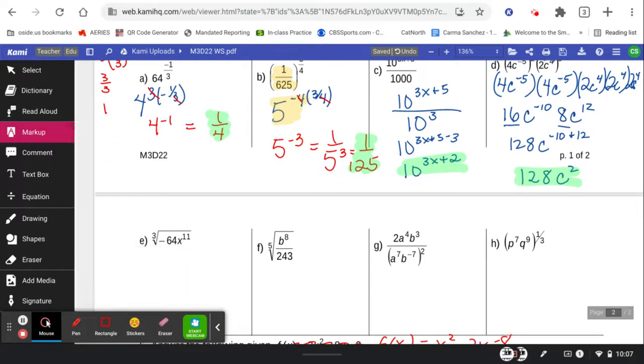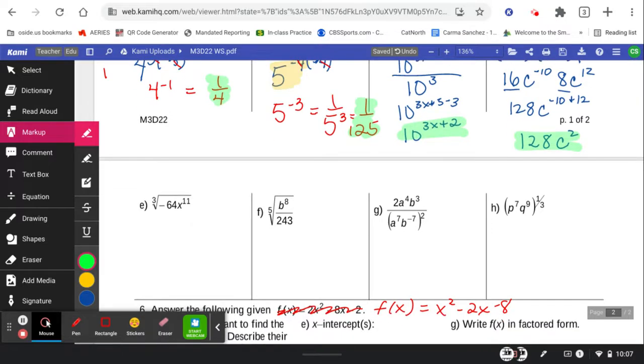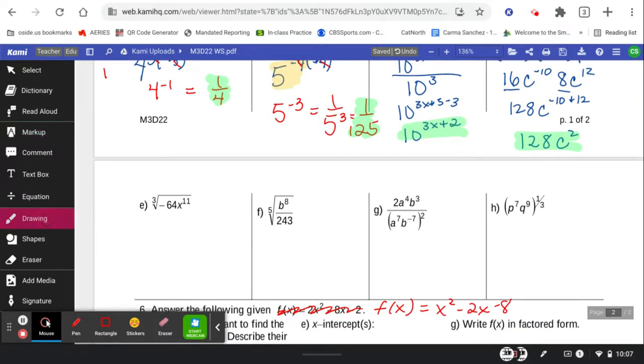All right, those were Tehani's way, A, B, and C. Now let's look at Tia's way. I'm doing cubed root, so I'm looking for groups of 3. So what times what times what equals 64. You got it. Now, there's a negative in there, guys. Since it's cubed root, this is actually a negative 4, negative 4, negative 4.